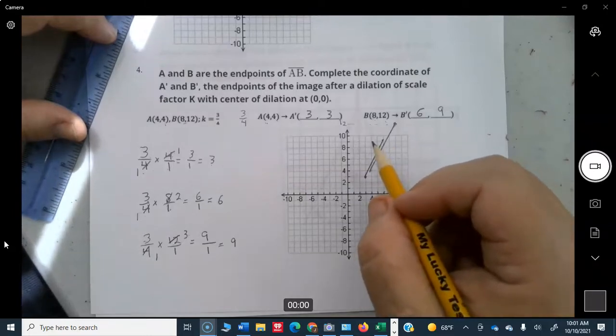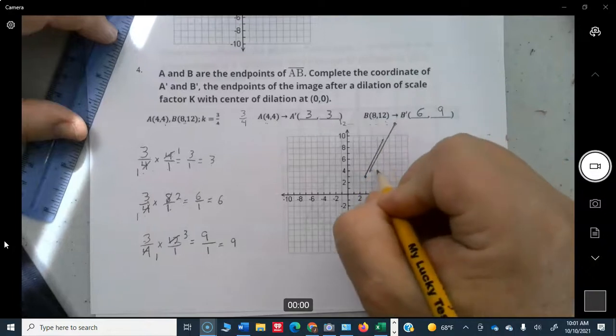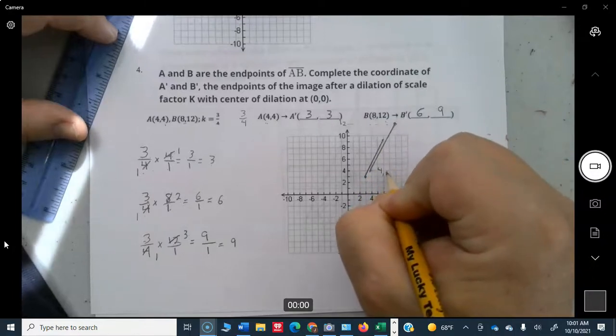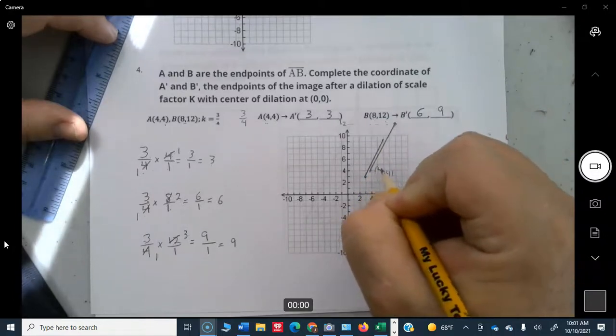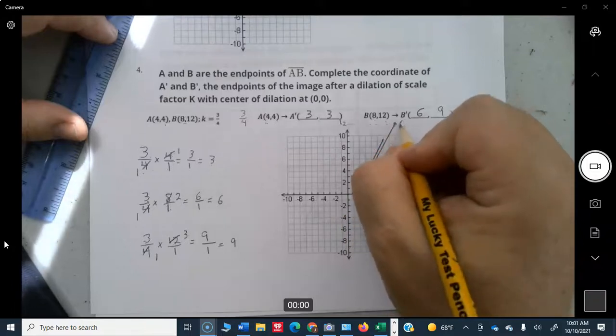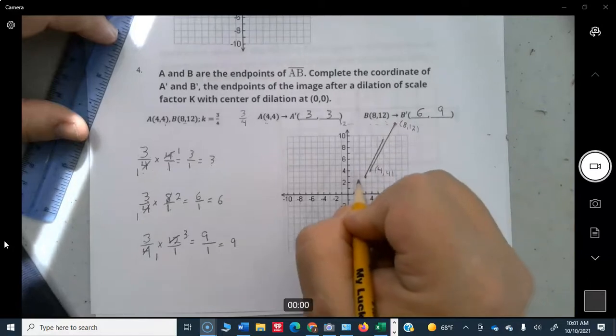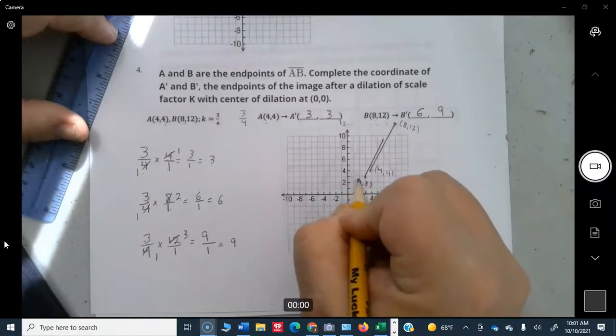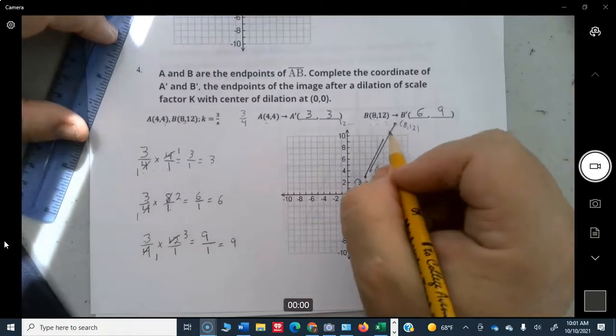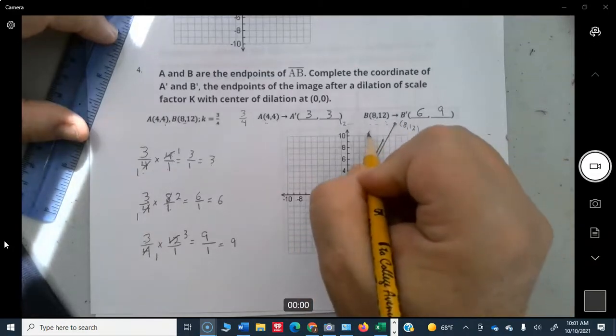So let's plot this. This was 4, 4 right here. And this was 8, 12. This was 3, 3. And this was 6, 9.